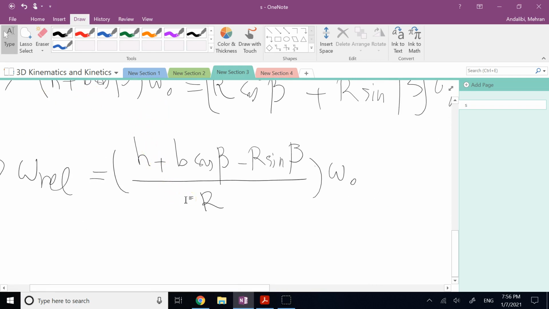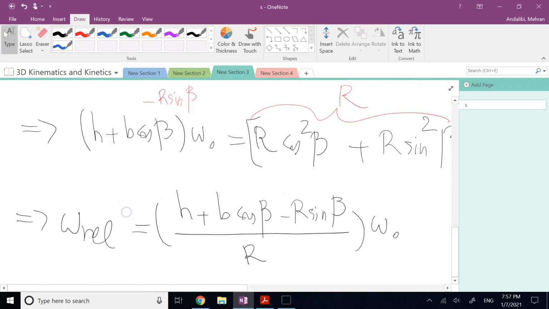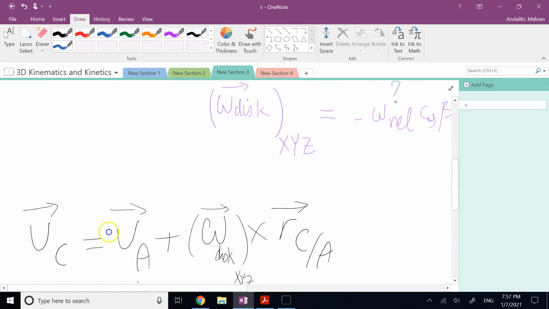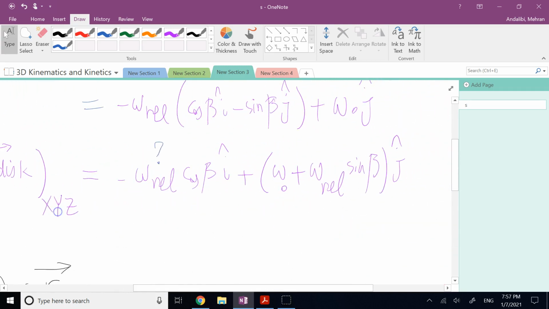And if you want, you can simplify these two r terms, but that's exactly the answer you see in your textbook. And now that I have this omega relative, I can put it back in here, in terms of magnitude, and find the omega of the disk.